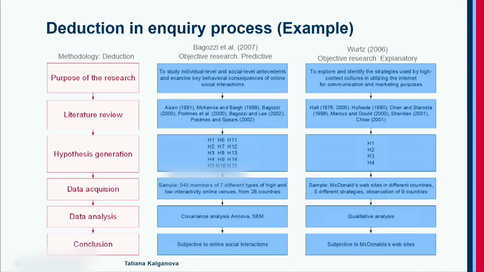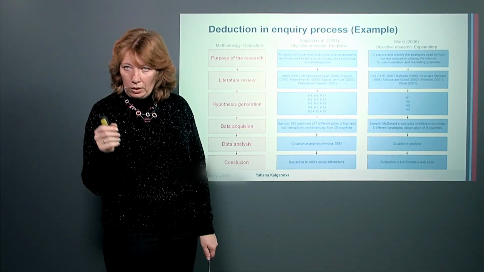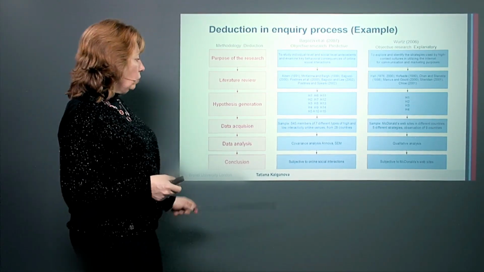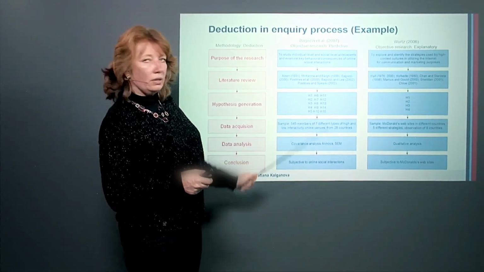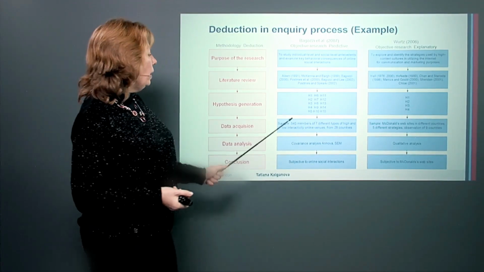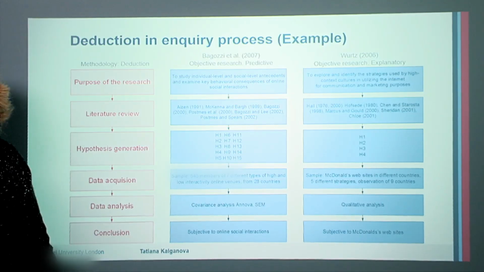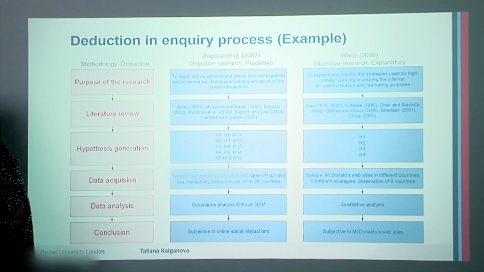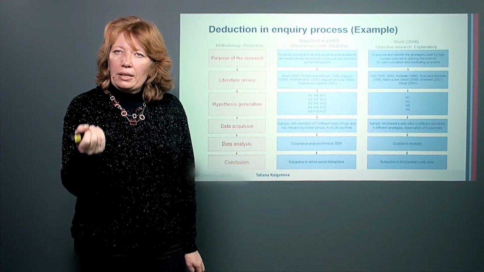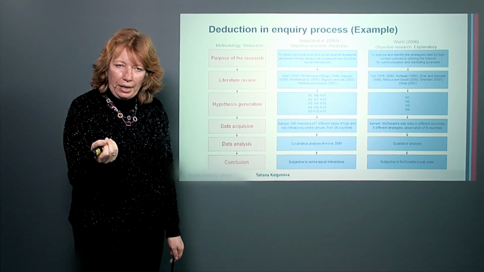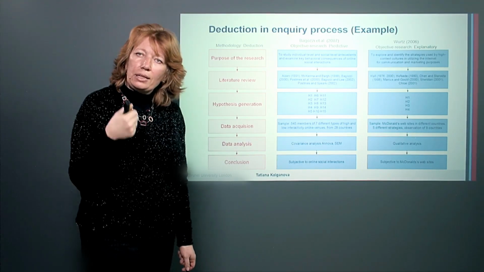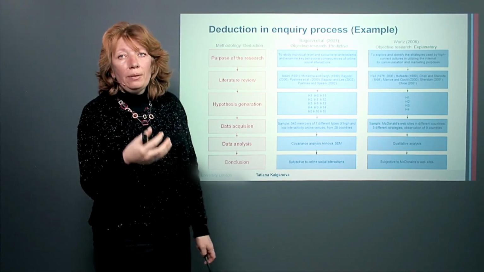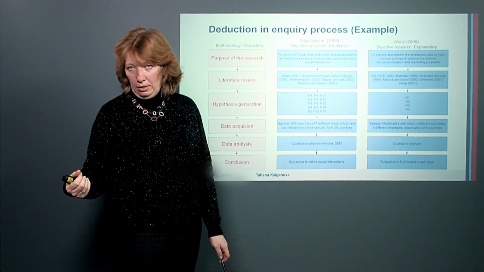When we analyze this type of data acquisition from an objectivity and subjectivity point of view, can we have a look? We have covered different types, including 7 of them. We have covered 28 countries. So the data has been collected, and data acquisition has been organized, in such a way that it will eliminate the subjectivity element.